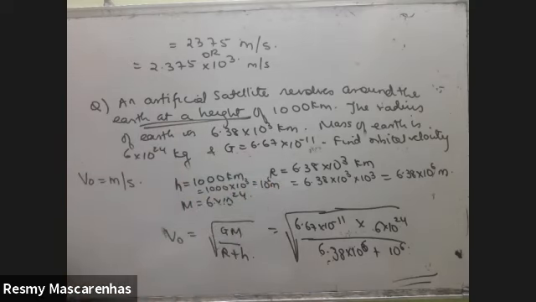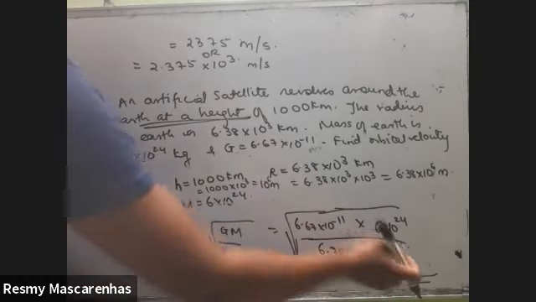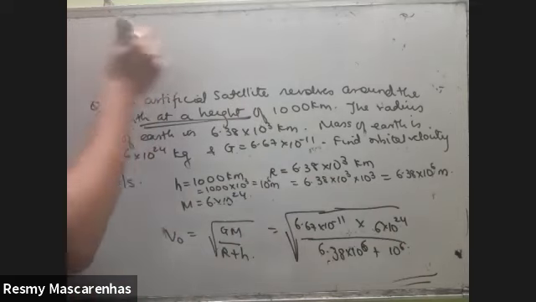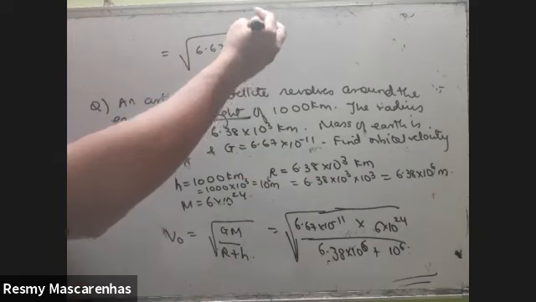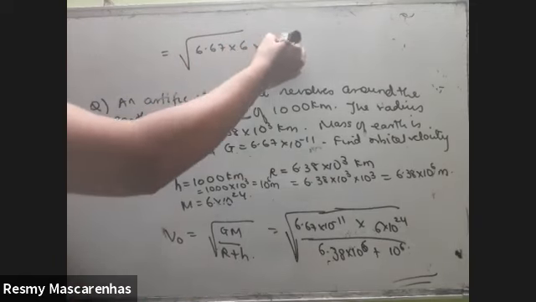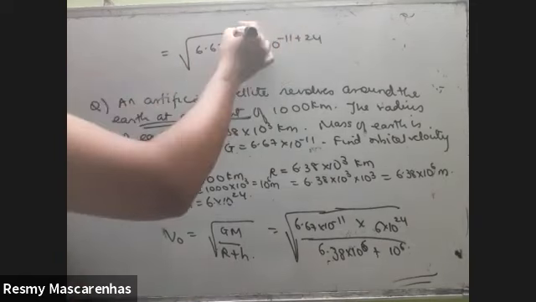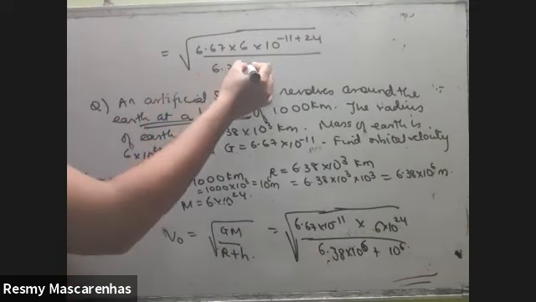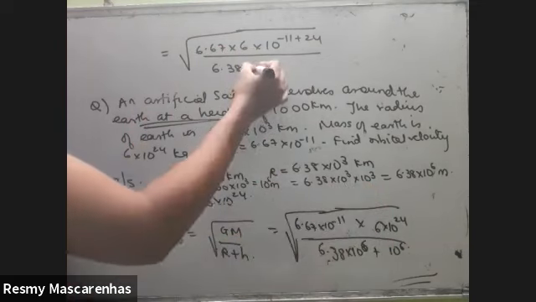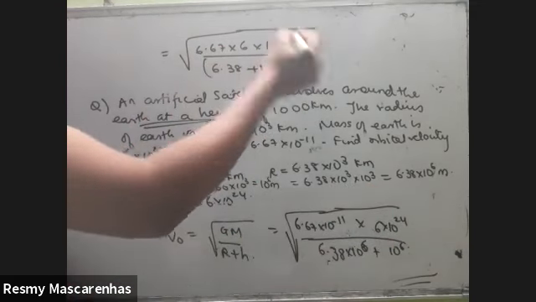Now you can easily solve this. Why? Because this is 10 raised to 6, you can take it out common. So 6.67 into 6, and this will get added. Now 6.38, what will be left is 1. 10 raised to 6 will be common.